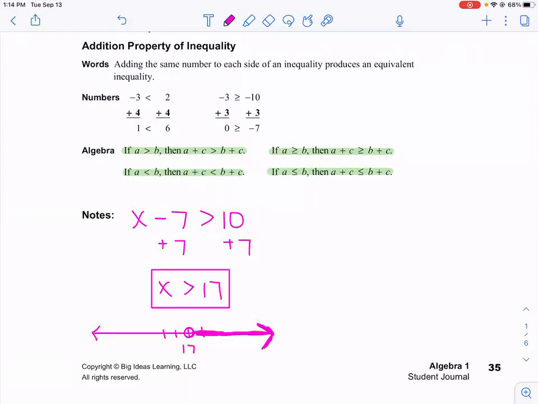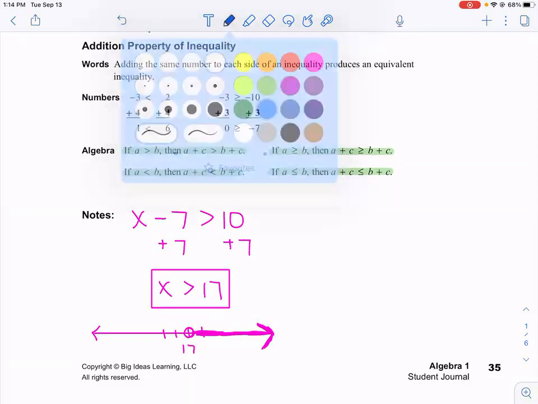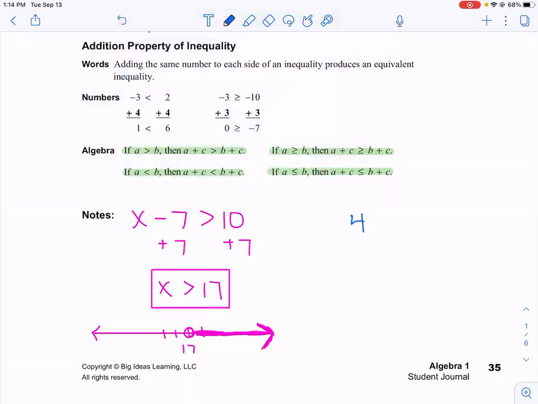Okay, what if we had 4 is less than or equal to x minus 3? I want x to be by itself. Gavin, how could we do that? Add 3 to both sides.